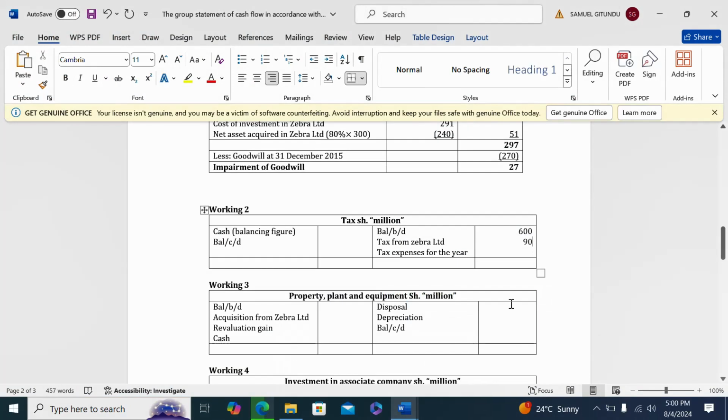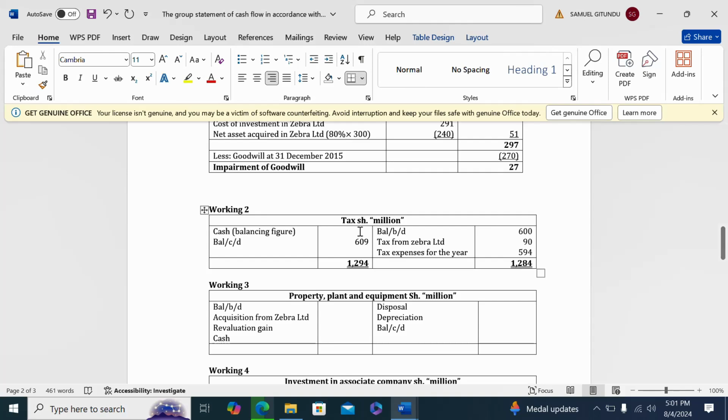So we put 594. If we add all of this, how much are we getting? 600 plus 90 plus 594, I'm getting 1284. What about the balance carried down? We have seen it is 609.